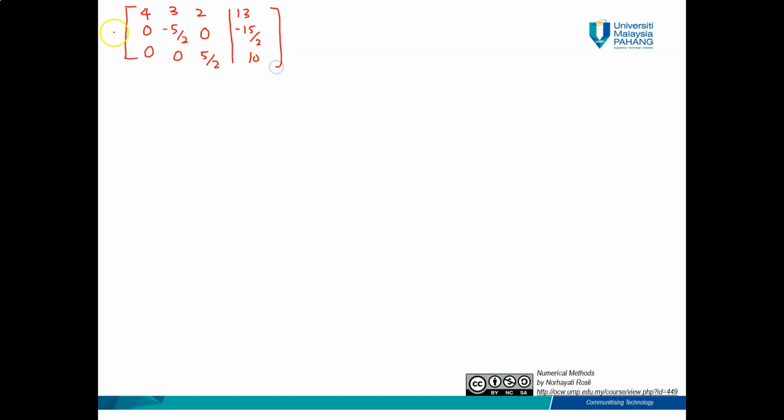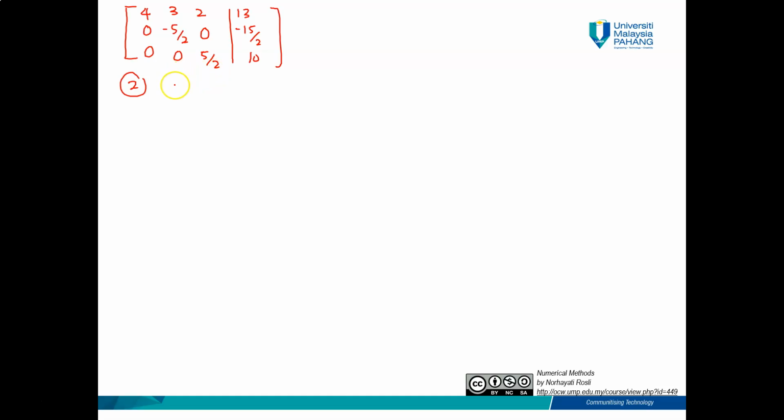So now we have a new augmented matrix. We can proceed with step number 2, which is backward substitution. Remember, in backward substitution, we need to change every row in this matrix into an equation.